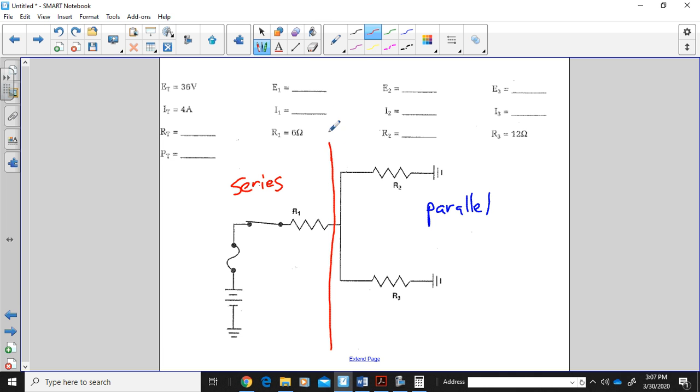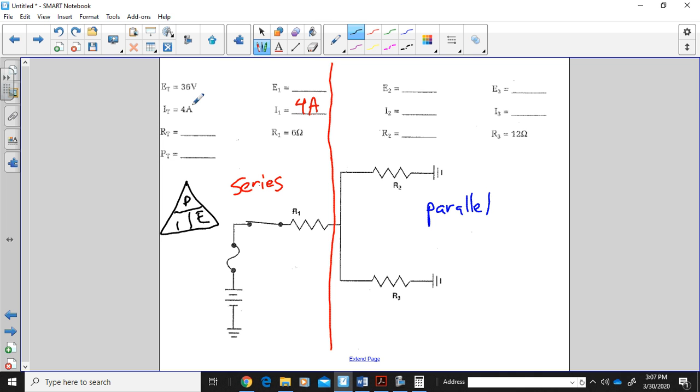And I'm going to bring this up. So we don't have much to work with on the parallel side. So over here, series side. Series is current is constant, remember, so we can fill in the 4 amps here. So you have to start with that. The other thing you could start with, we could do power. Remember your triangle, PIE.